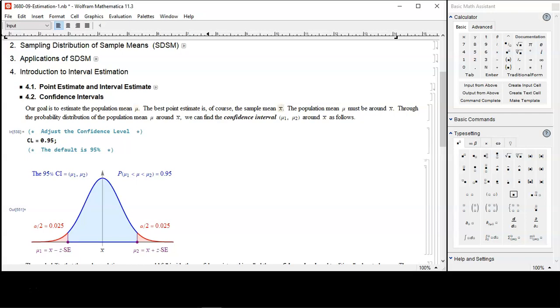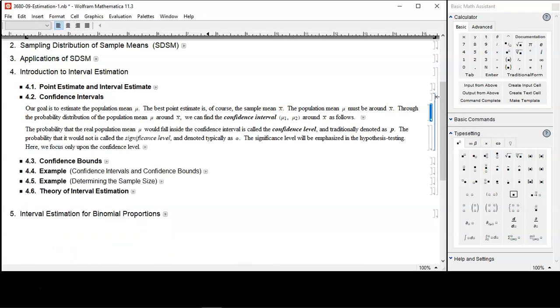So if you take a different sample, then it's quite likely that the sample mean x bar will change. And if you take another sample, then it may change yet again. So the x bar value is moving around, but it looks like it is fixed at the center right here. Mu is not moving around, but it looks like mu is distributed around x bar in terms of probability distribution. So something is wrong here. As far as theory is concerned, we know the computation works, but in theory, something is amiss. How do we make it right is the question.